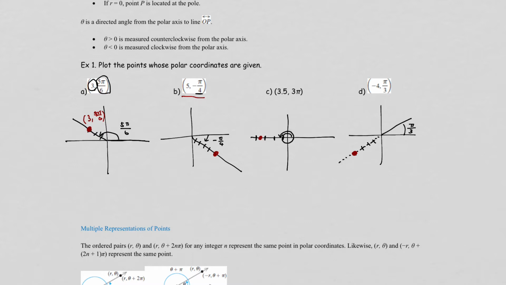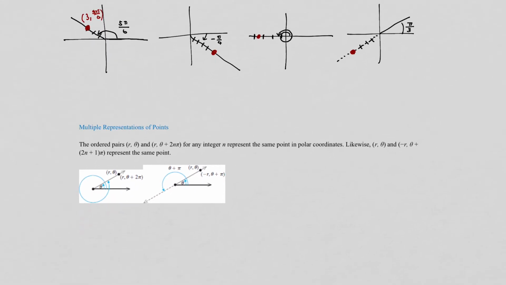For that reason, we can have multiple representations of points, right? These points can use a negative distance or use the positive angle with positive distance, right? And that's what it shows there.